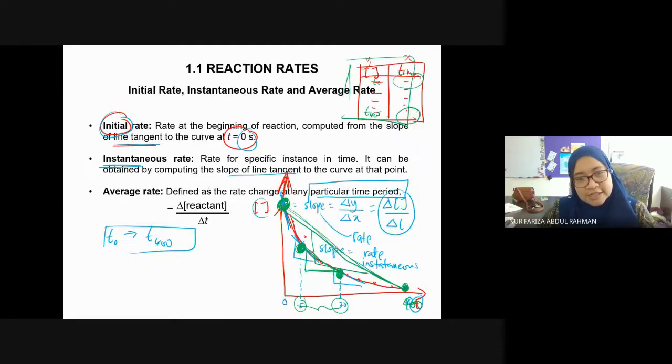Alright. Oh, lupa saya nak cakap tadi. You boleh compare, using the average rate just now, the one that you got from the data. You calculate the average rate from the data and then you compare with the one that you got from your graph.